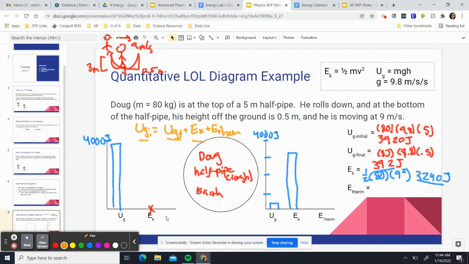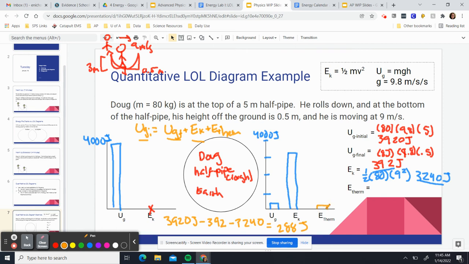So if I take 3,920 joules and I subtract away the 392, and then I subtract away the 3,240, that's going to give me 288 joules. So I didn't lose much energy to thermal, even less than I have for the gravitational, and I'm trying to reflect that.